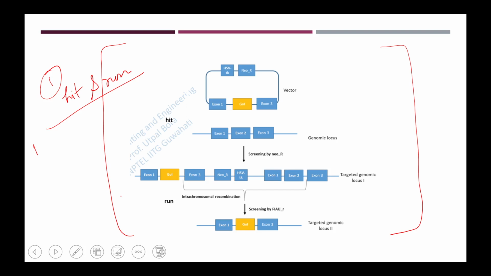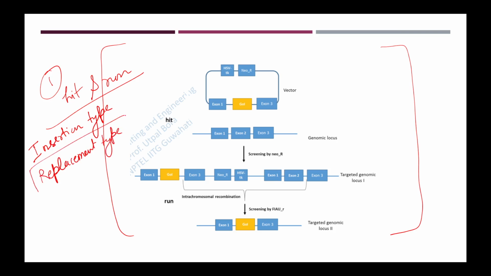One is an insertion type vector. Another is a replacement type vector.